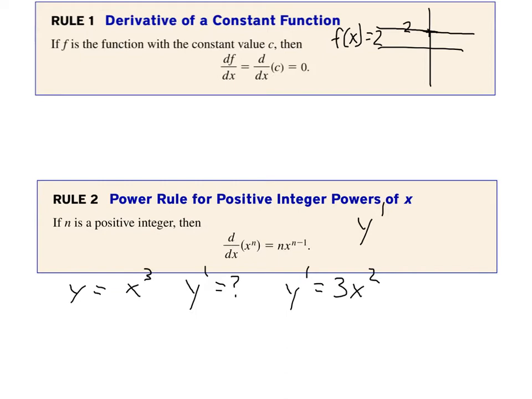So if you think about the x cubed function, we've got this graph here. It looks like that-ish. Well, the derivative is 3x squared, so if you think about what 3x squared would look like, it will come down pretty steep and then back up here, which makes sense if our slope is really steep here on the cube function.